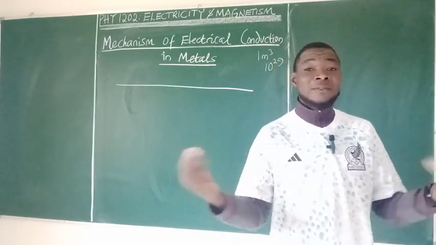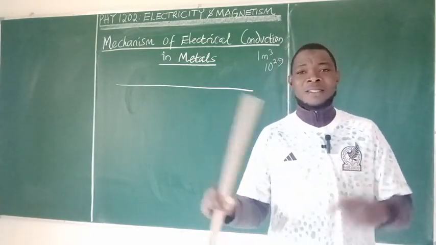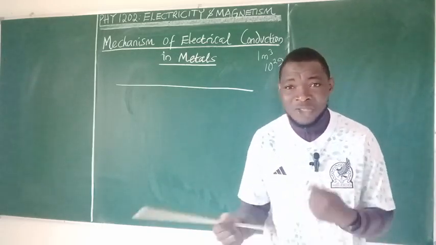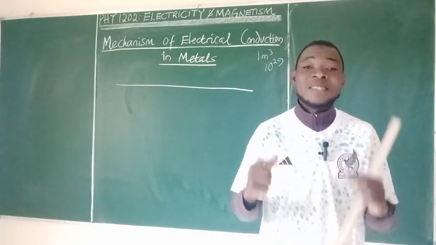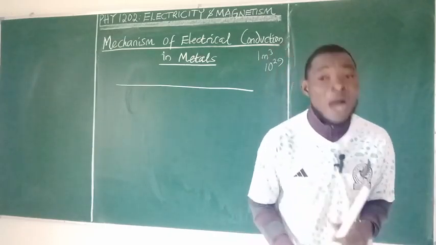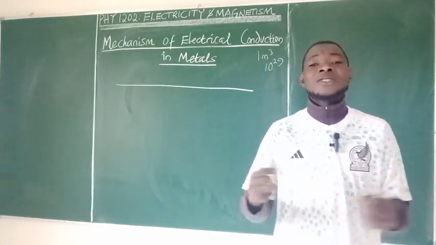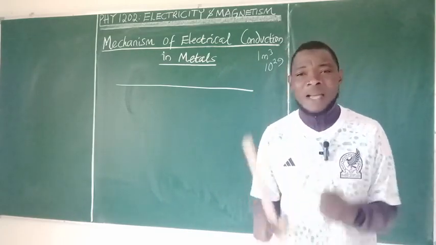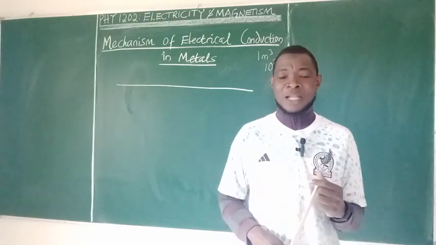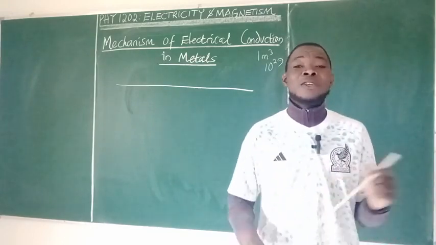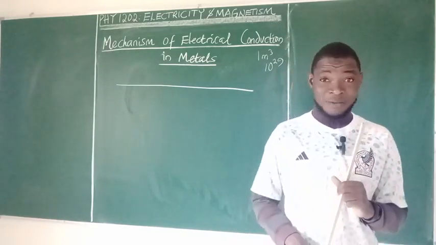Because they have thermal energy. The energy in the surrounding is enough to cause little drifting in the material, but it's not enough to cause electric current. Why? This is because the drifting is random. They move randomly without a preferred direction.